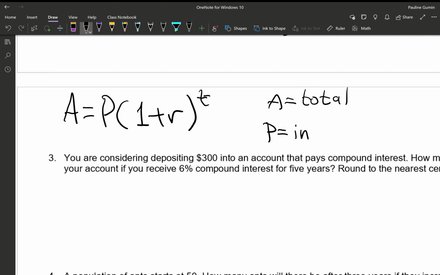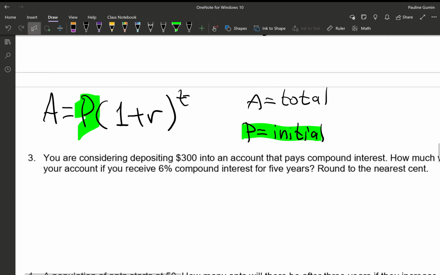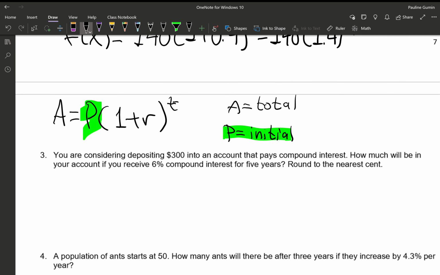P is initial, so similarly to how A was, it's just P now. R is still our rate, and T is time. Now time can be in any amount of values.